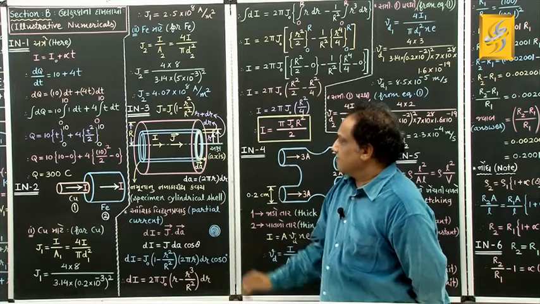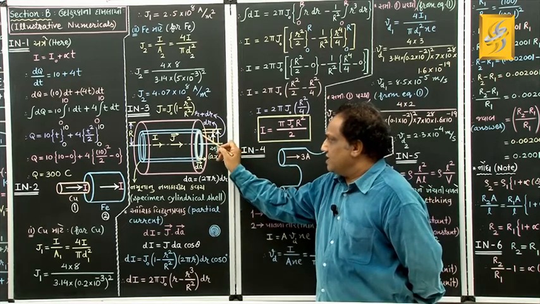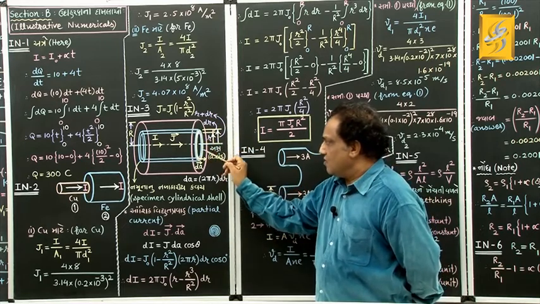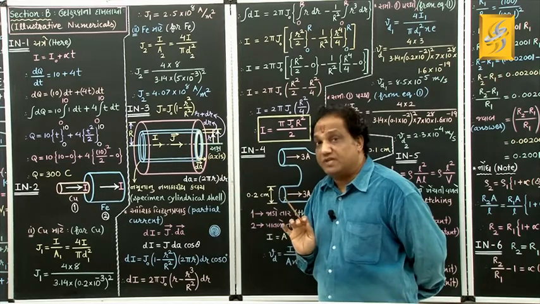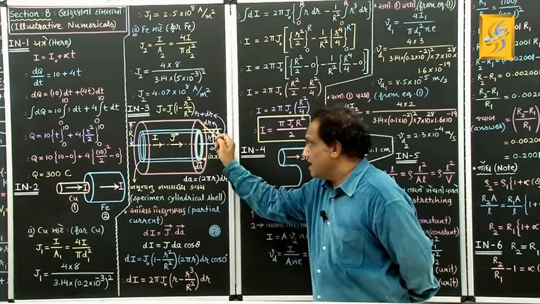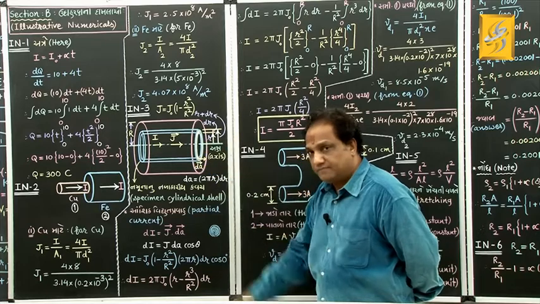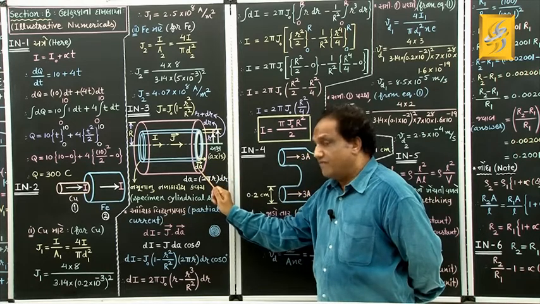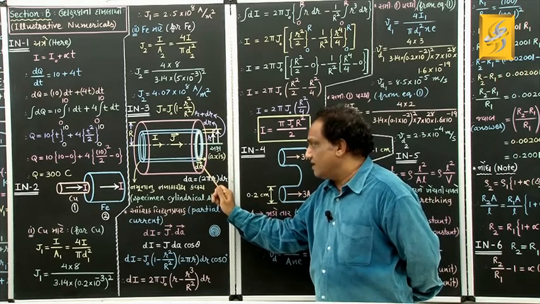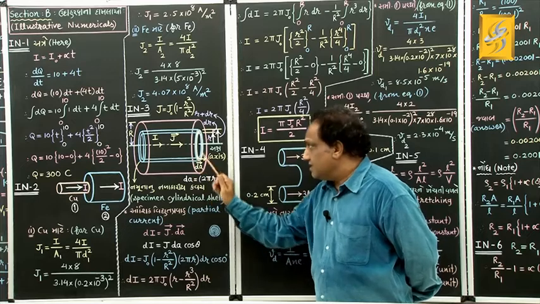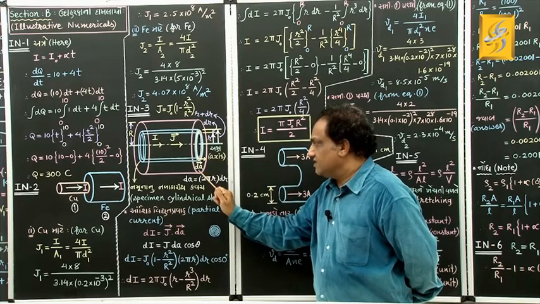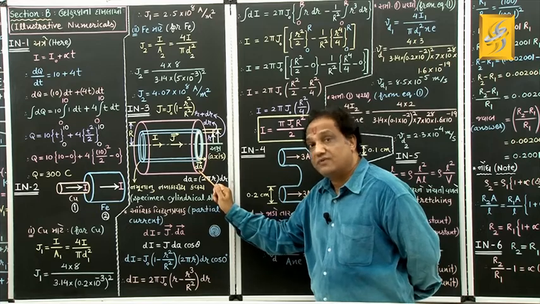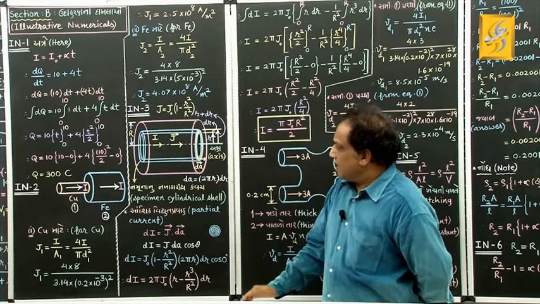Now because we have considered area only for this specimen circular ring, which is a very small part of the total area, its corresponding area vector we should write by the symbol vector dA. This is the surface element, and this is the surface area vector.